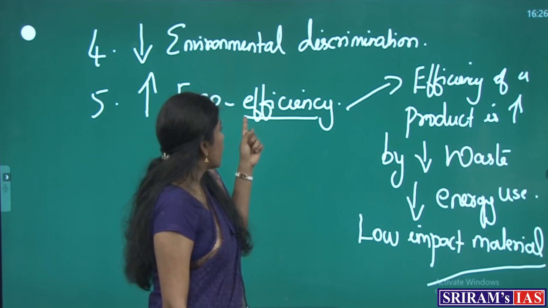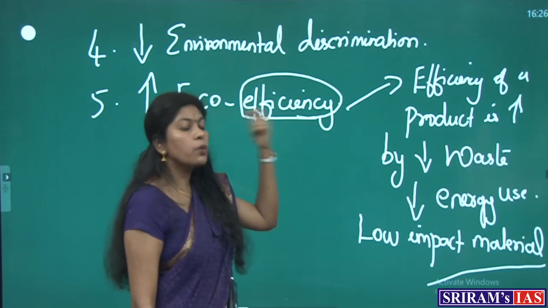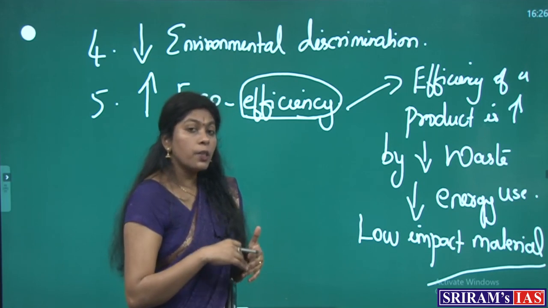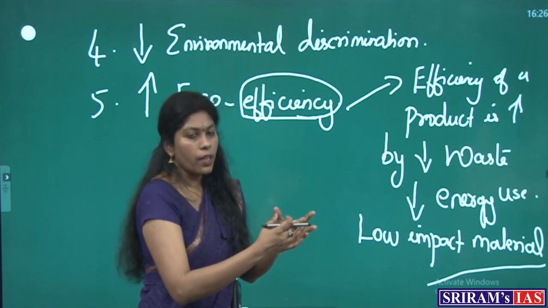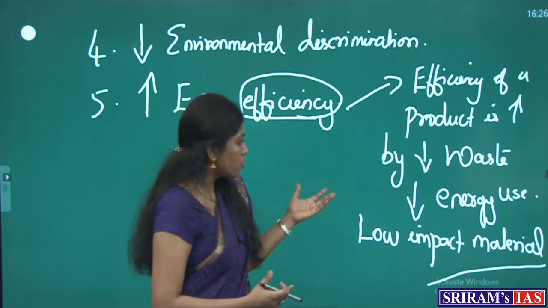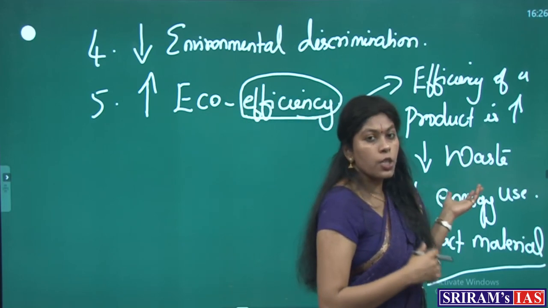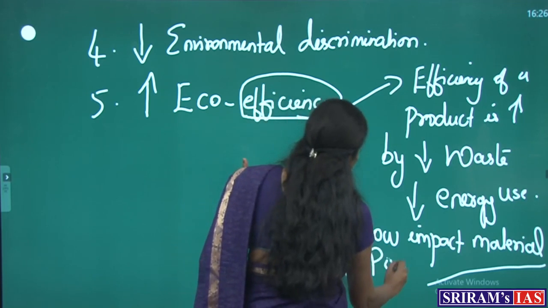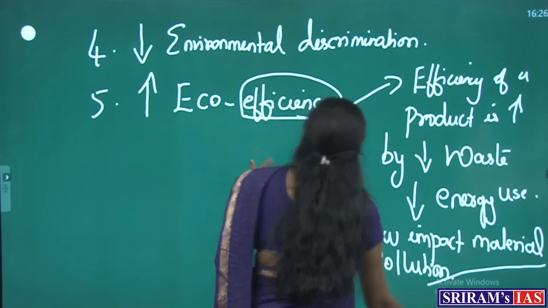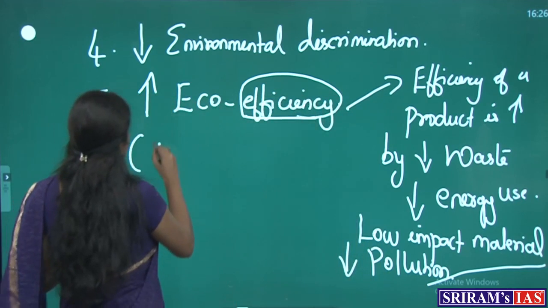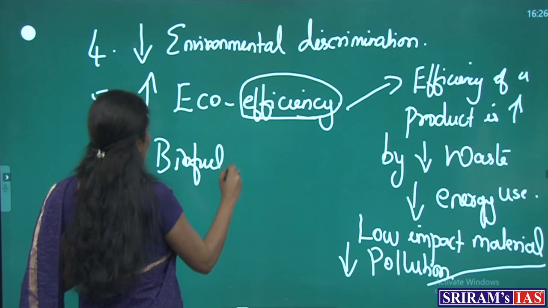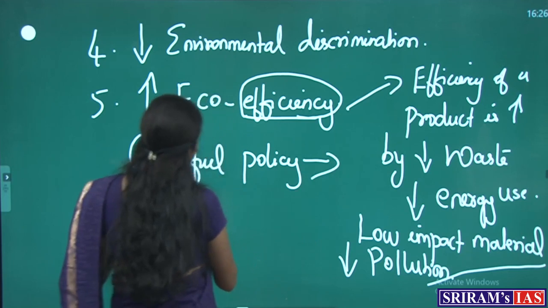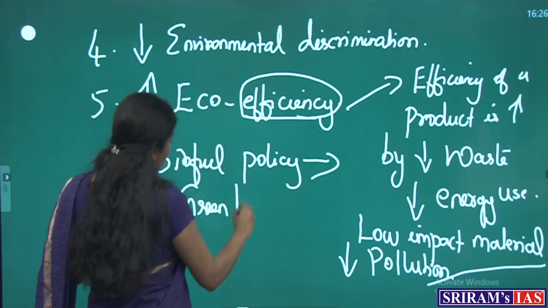So, when people are trying to think on behalf of the ecosystem or the environment, they try to reduce waste, they try to use the waste in a different way, in their form of energy they are trying to consume. Okay, they are trying to reduce the energy consumption, they are trying to reduce the pollution, this way the efficiency of the product will increase, and that is why nowadays we are talking about biofuel policies, we are going to biofuels. Okay, so we are encouraging national biofuel policies, we are talking about green hydrogen.